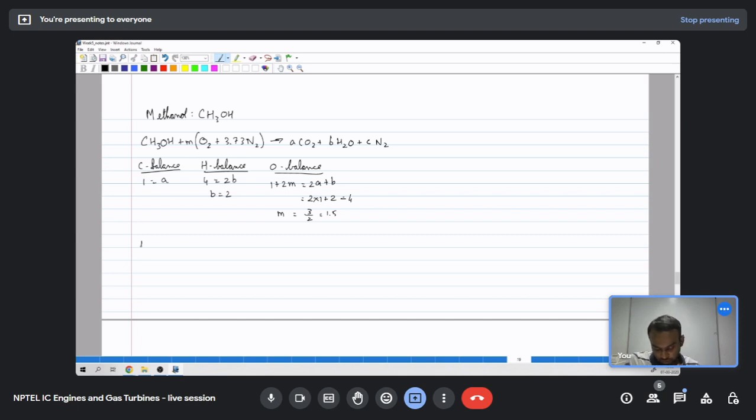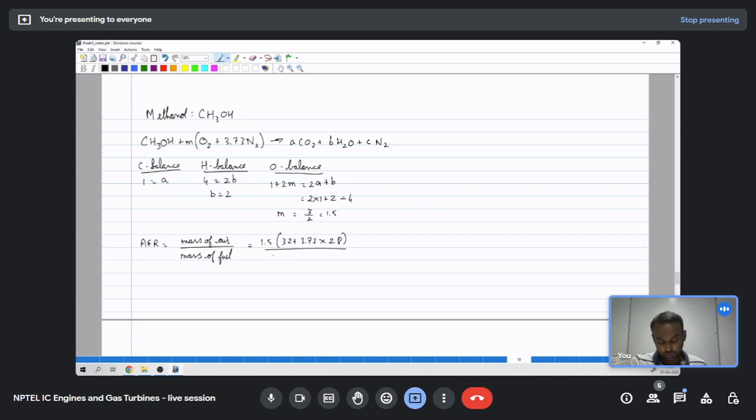So for air fuel ratio, we have mass of air by mass of fuel. So for mass of air, we have 1.5 times molecular weight of the single air component that we have taken, that is 32 plus 3.73 times nitrogen, that is 28. And then in the denominator we have 1 into molecular weight of fuel.